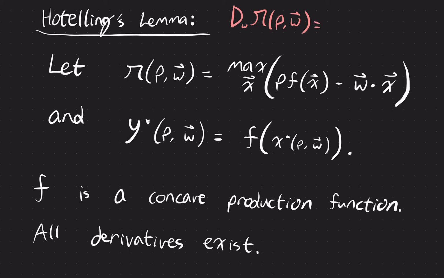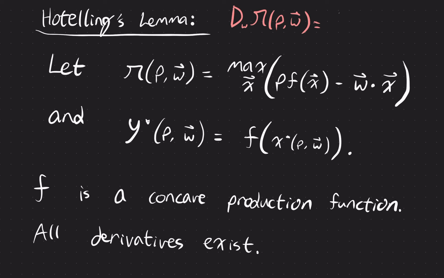So how do we do that? We can apply the envelope theorem. w is our parameter, and so each of these partial derivatives in the gradient is going to be equal to this partial derivative with respect to w evaluated at the optimum. But this is going to be equal to negative w1x1 plus w2x2, and so on. So each w is going to be right next to an x, and that's the only place it enters.